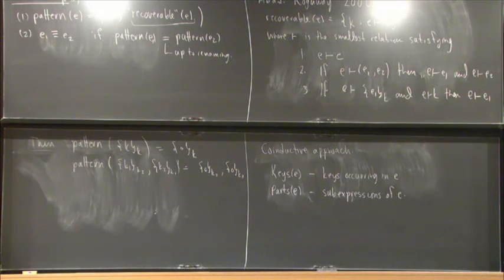And when I write parts of E, I just mean all of the sub-expressions of E. So is that clear? Do I need to put up some examples? Sub-expression is going back to the definition of expression. So everything. Yeah, right, sure.